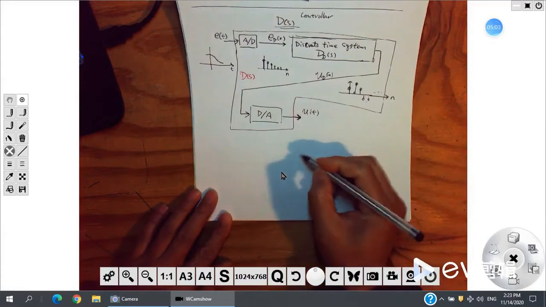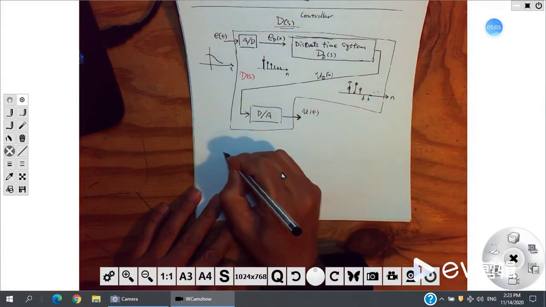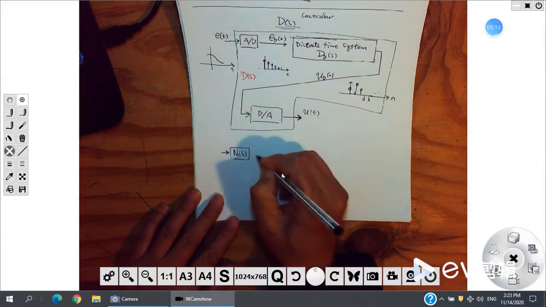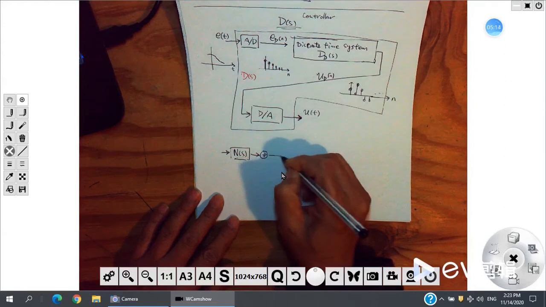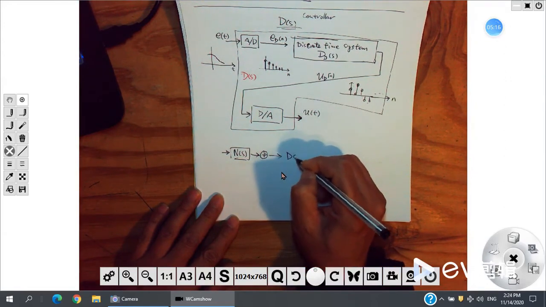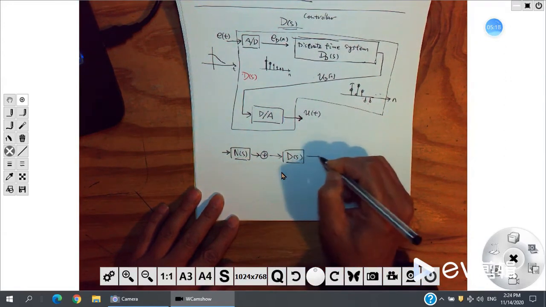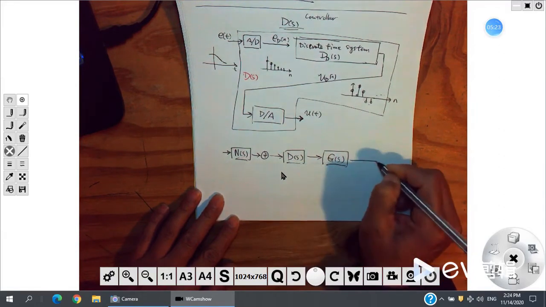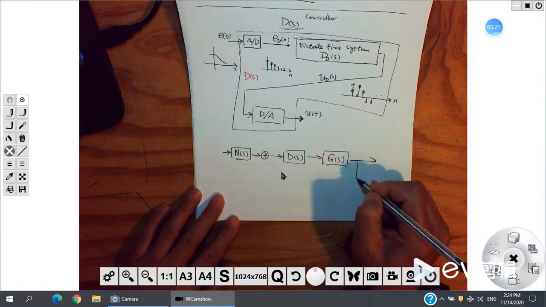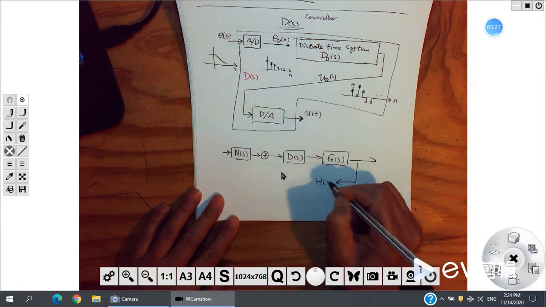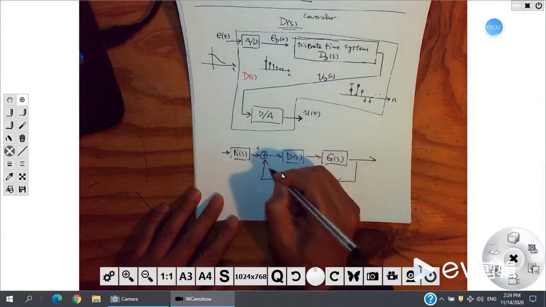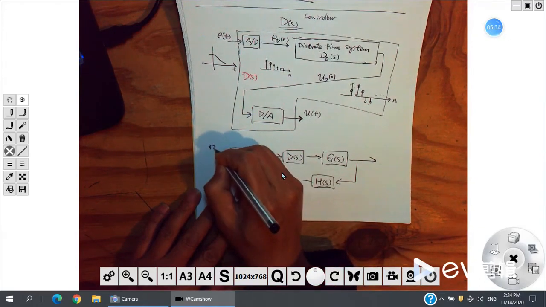Then in a system, usually you can have N of S. Here, suppose you have a controller D of S. Then you have a plant G of S, and here you have a sensor H of S. Here's the input, here's the output.